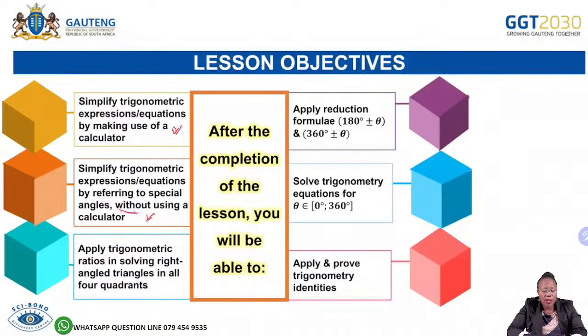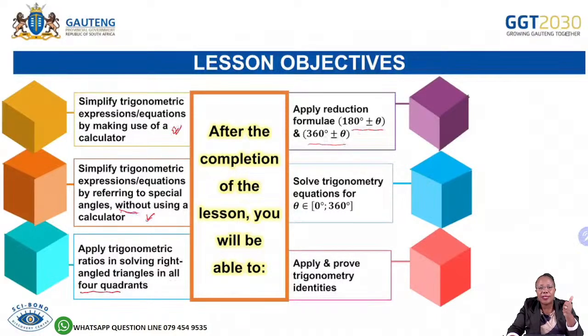And then the third one, apply trigonometric ratios in solving right-angled triangles in all four quadrants. And fourthly, apply reduction formulae. Remember, grade 12, that reduction in technical mathematics, we only do 180 plus minus theta and 360 plus minus theta.